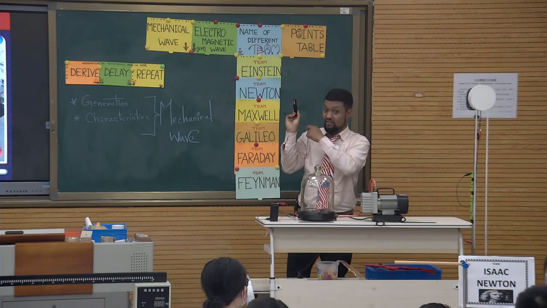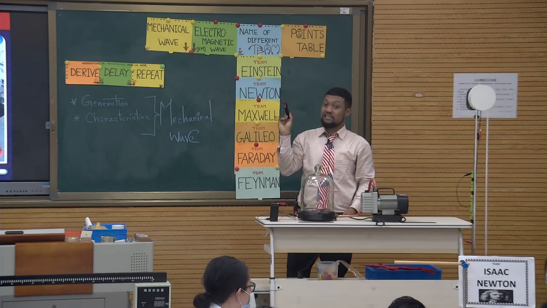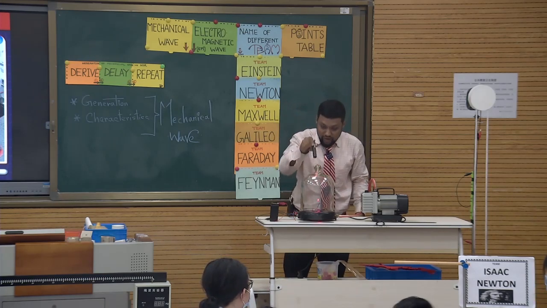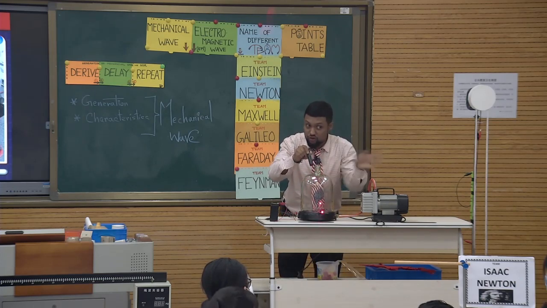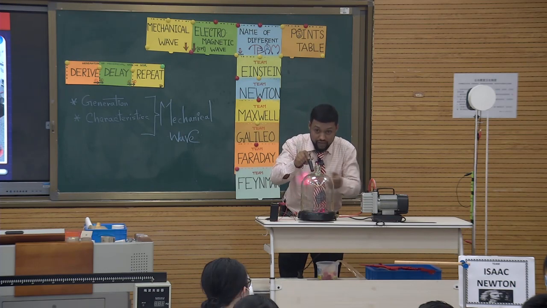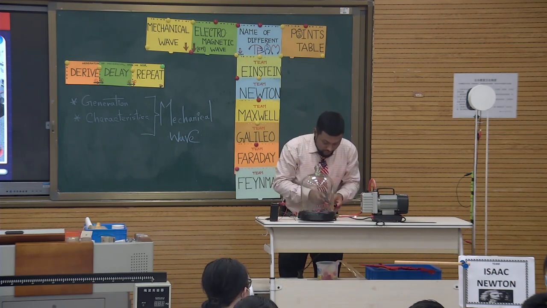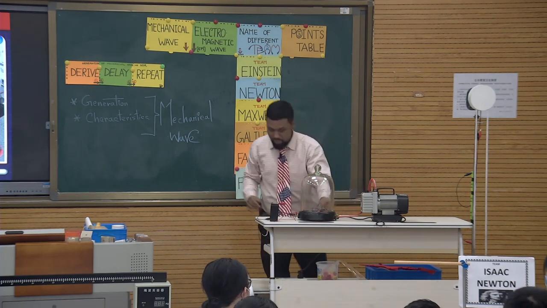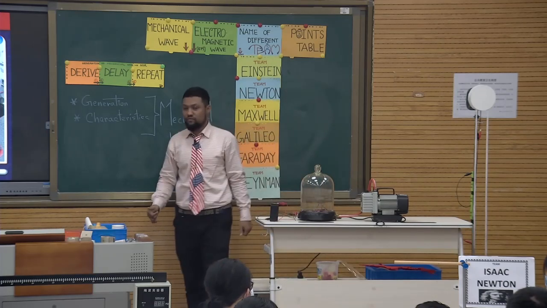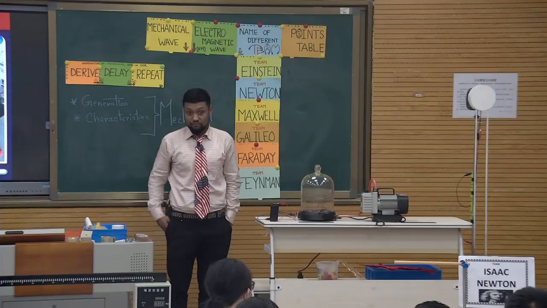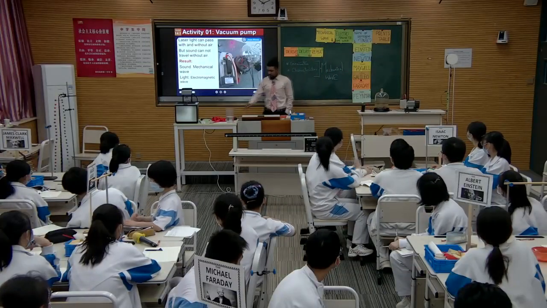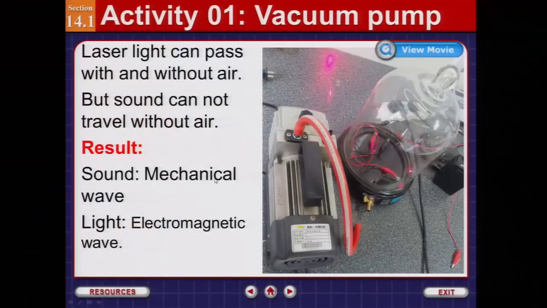Electromagnetic waves, right? That's good. So light is an electromagnetic wave. It can travel through vacuum. But sound cannot travel through vacuum. So do you understand what is really the meaning of mechanical wave and electromagnetic wave? Right, that's good. So you can see here the result: sound is a mechanical wave and light is an electromagnetic wave.